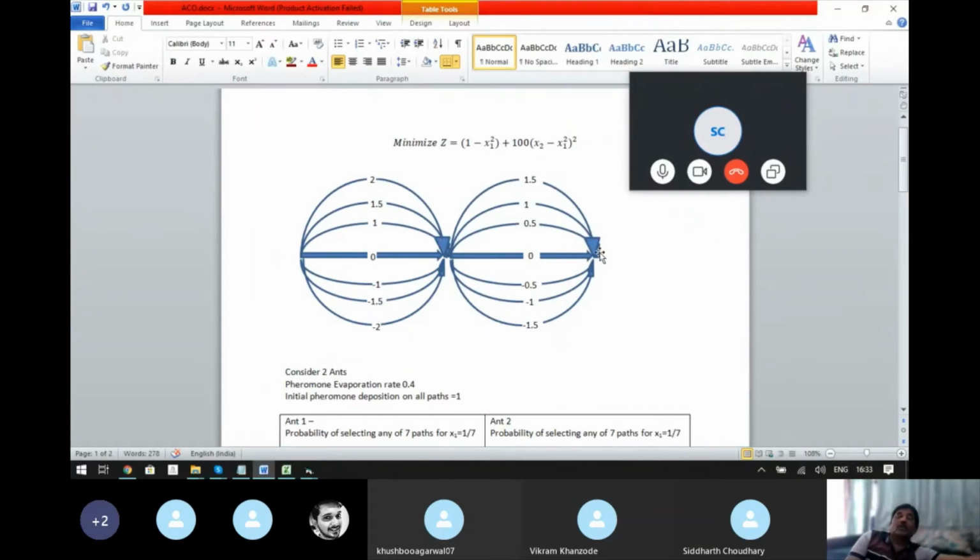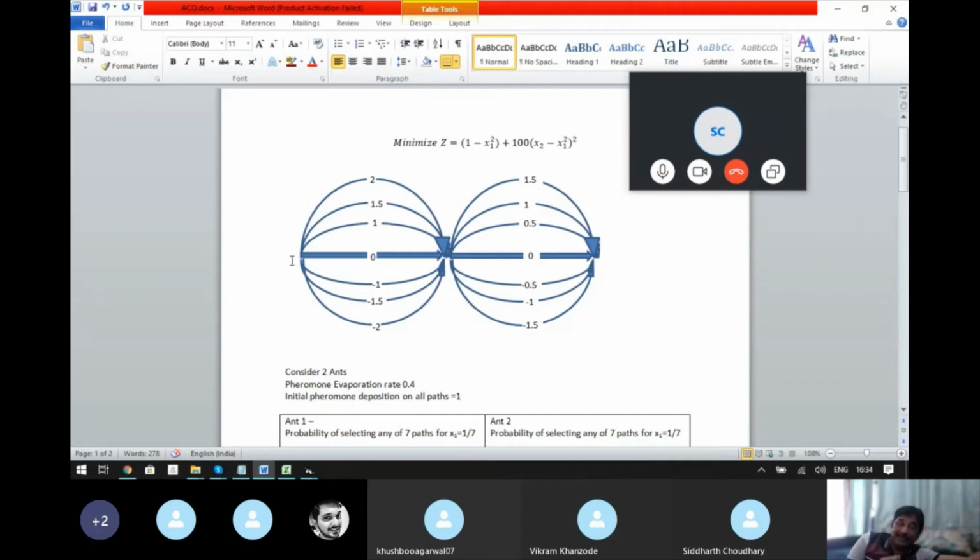The total value of the function was 155, and ant 2, what has it done? It has taken this path, came here and then took this path, -1 and -1. The value was 400. Now after completing this journey, both the ants come here.